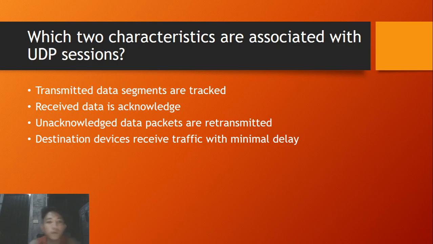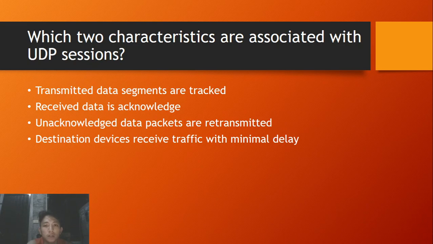So next is, which two characteristics are associated with UDP sessions? The choices are: transmitted data segments are tracked, received data is acknowledged, data packets are retransmitted, and destination devices receive traffic with minimal delay.